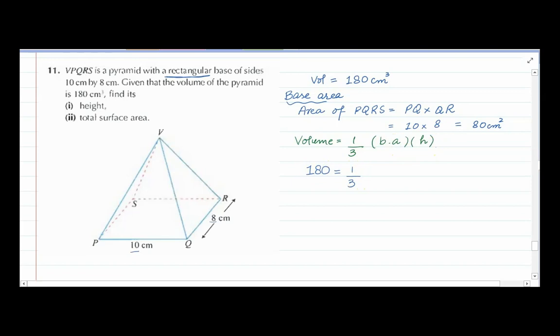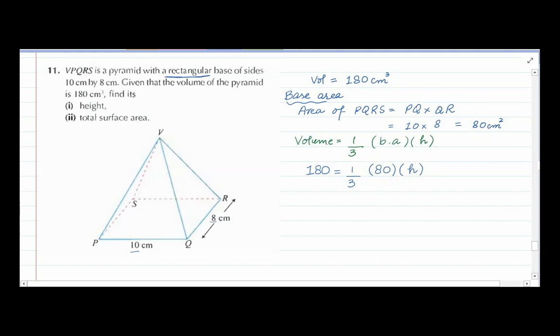Now the base area is what? It's the area of a rectangle, and we have found out the area of the rectangle, it's 80. So base area is 80 and height is unknown, right?